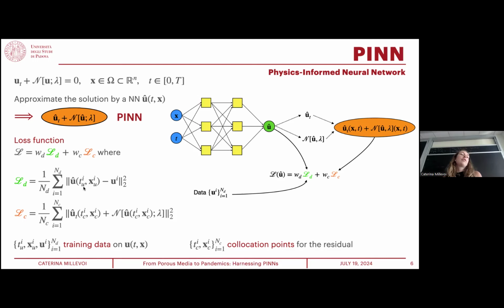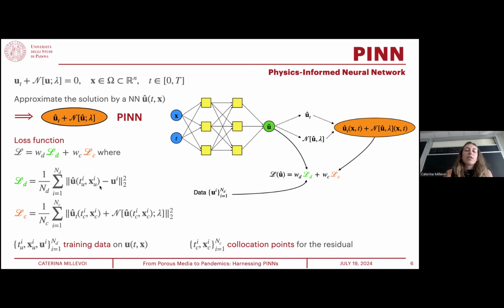And so the first term, the one in which you want to minimize the misfit with your data, is usually evaluated on a set of data that are the training data. While the latter one, the one which imposes the minimization of the residual, is usually evaluated on a set that could be different.